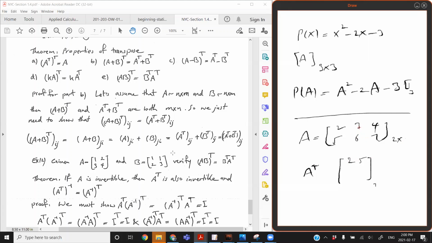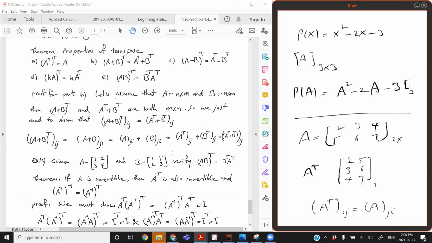And the second column of A is going to be the second row of A transpose. And the third column of A is going to be the third row of A transpose. In terms of definition, we can write that the ij entry of A transpose is equal to a_ji.